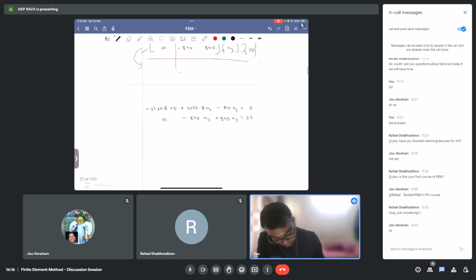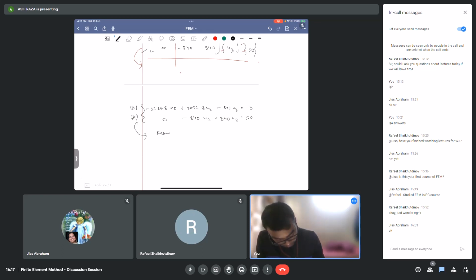So these are my two equations. Solving these two equations will give our u2. From the first equation, suppose A, this is B.